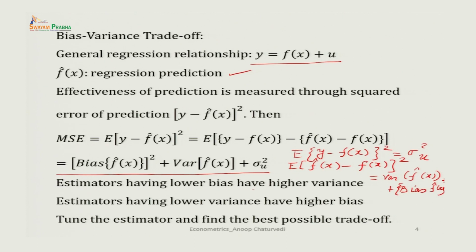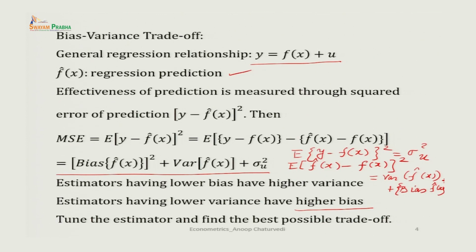Estimators having lower bias have higher variance, just like the OLS estimator in case of multicollinearity. It has no bias, its bias is 0, but it has very high variance. And estimators having lower variance have higher bias. So, if we move to the class of biased estimators and we increase bias, of course, it decreases the variance, but then you have to pay a cost for it in terms of higher bias.